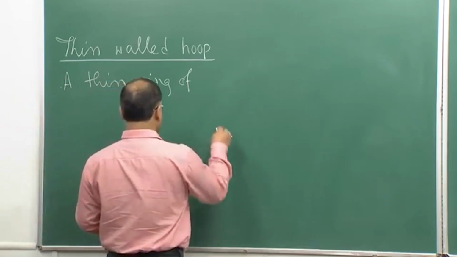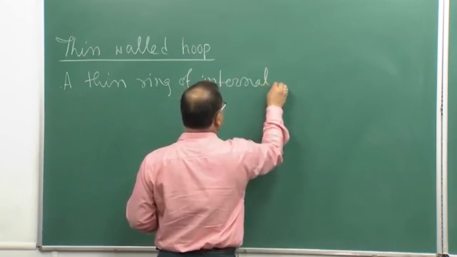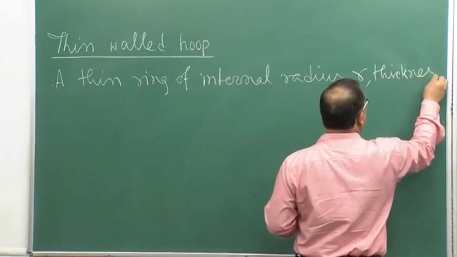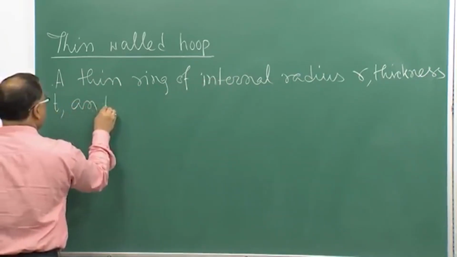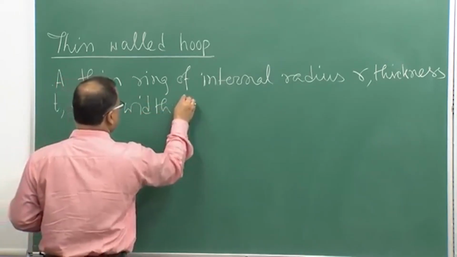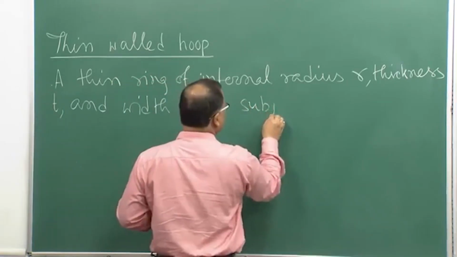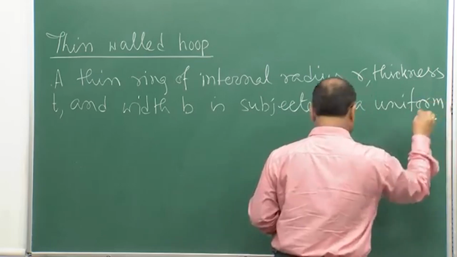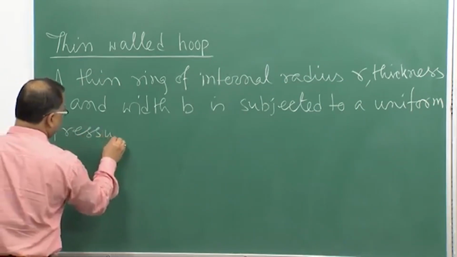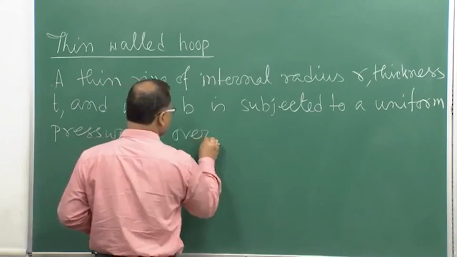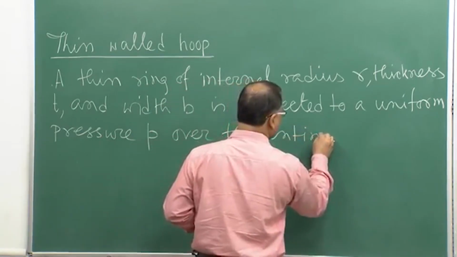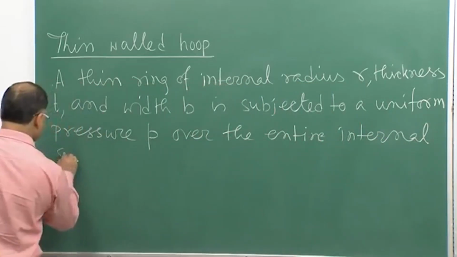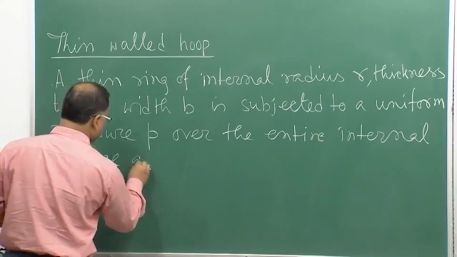A thin ring of internal radius r, thickness t, and width b is subjected to a uniform pressure P over the entire internal surface as shown. I will show the figure.